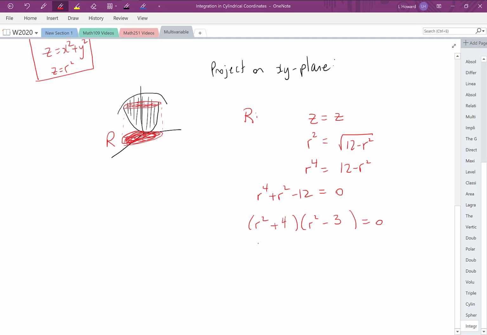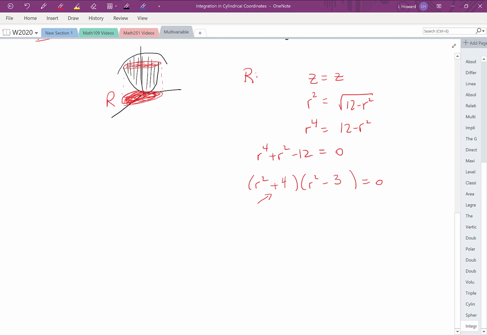And then if we think about looking at these two factors, setting them equal to 0, r squared plus 4 equals 0 has no real solution. r squared minus 3 equals 0 means r squared is going to equal 3. So r could be either plus or minus root 3, but in the context of radius, we just choose the positive version of that. So we're going with r equal root 3.